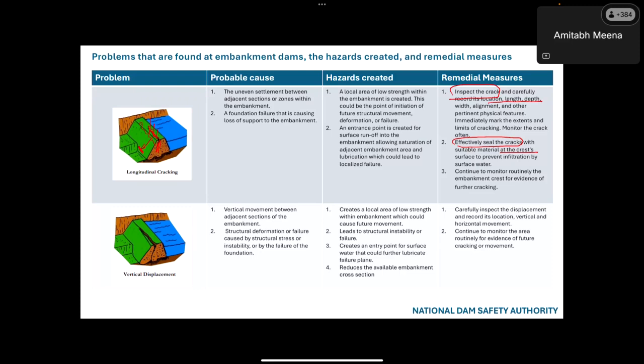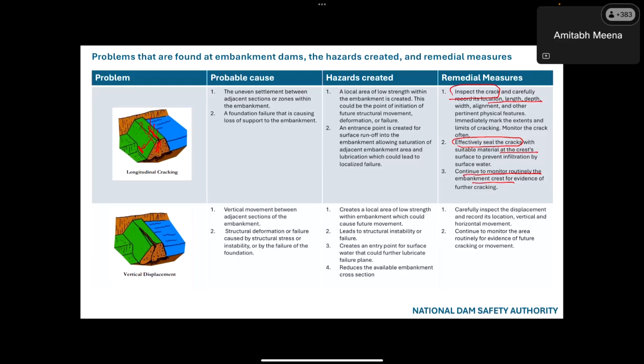So we have to immediately fill these cracks to prevent such things during the monsoon. And we have to continue to monitor the embankment crest for evidence of further cracking.